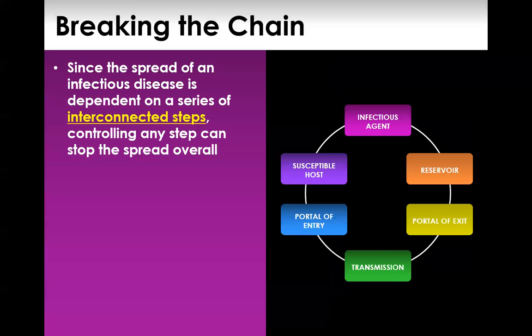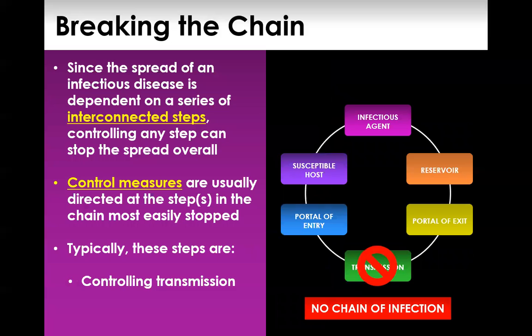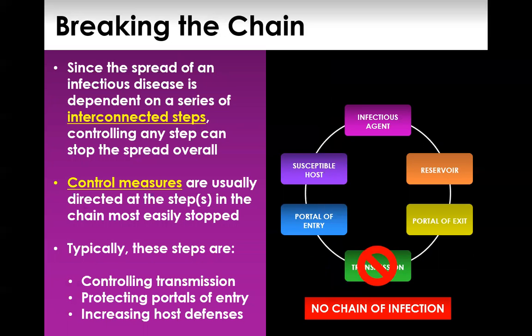So let's take a closer look at how we can actually break the chain. In the infectious disease process, everything is linked together, so we need to break the chain so as not to pass on the infection.